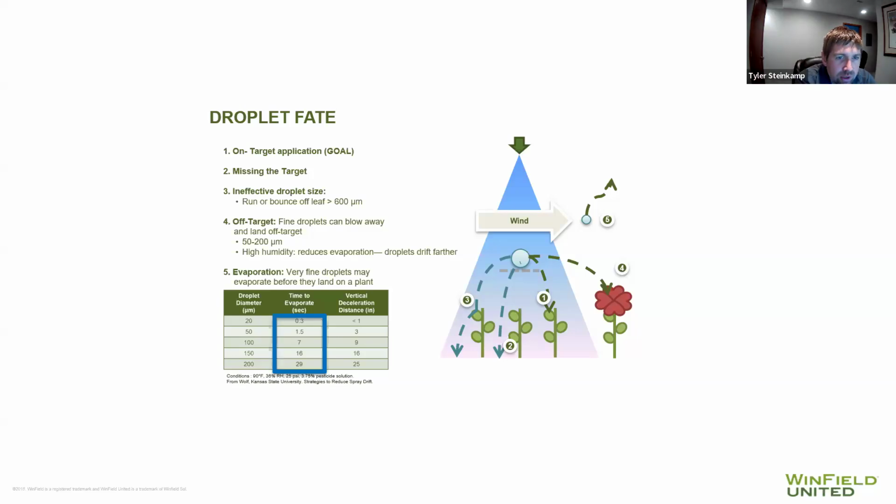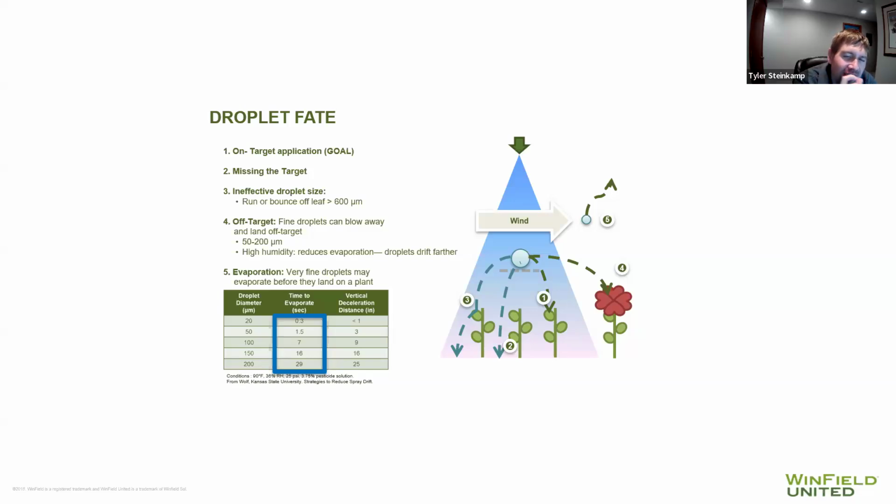Okay, and this is really clear when it comes to the evaporation rate based on the micron size. So when you start to look at this, it's really telling. A 100 micron size droplet will evaporate within 7 seconds of leaving that nozzle. A 150 micron will evaporate within 16 seconds of leaving the nozzle.